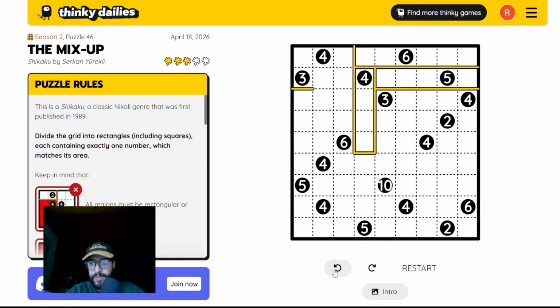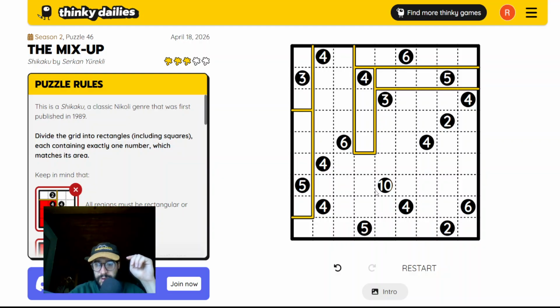There we go. So that means that you're gonna do a 3 by 1 like this, and then this 4 still can do a 4 by 1, but this 5 here will have to do a 5 by 1 like this, and then this is gonna do a 5 by 1 like this. There we go. Then what's happening here?